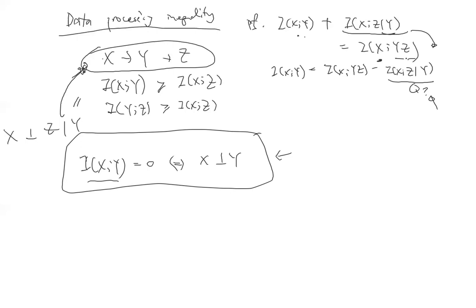When this is a Markov chain, well, this is kind of hard to draw. Let's see. It would be something like x, y, z.